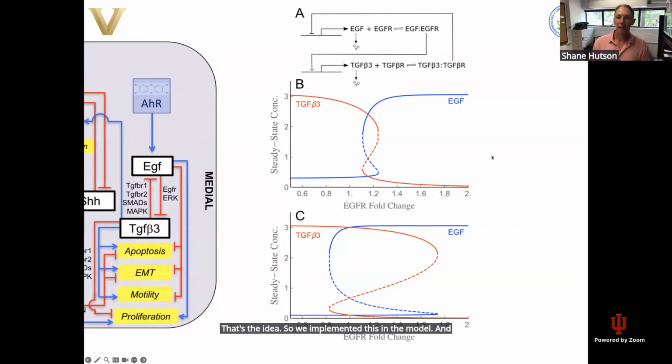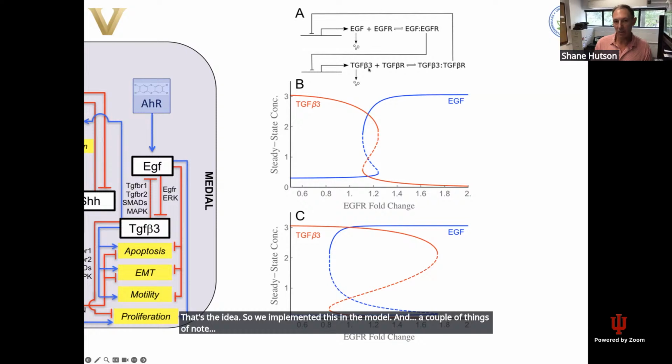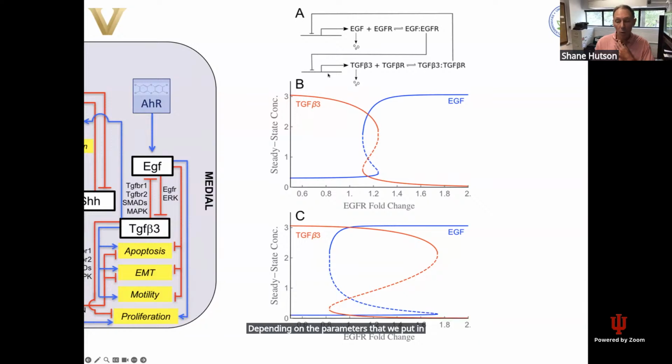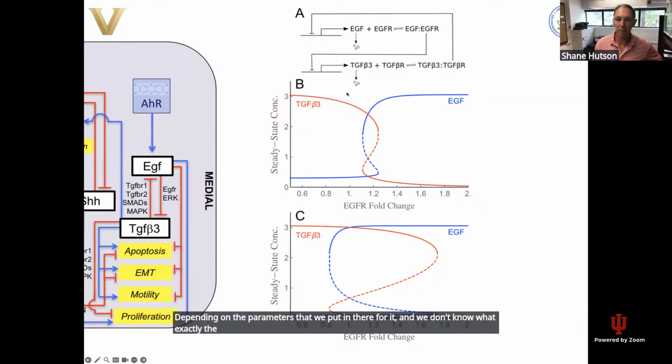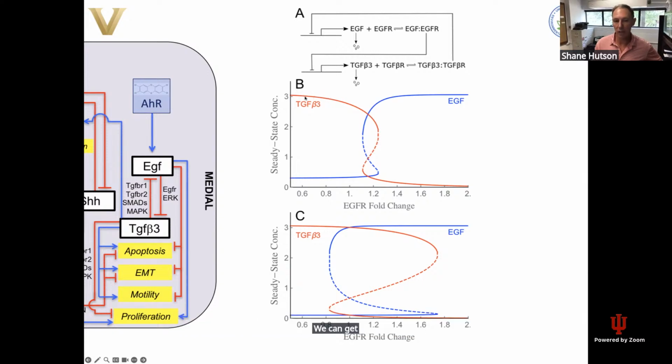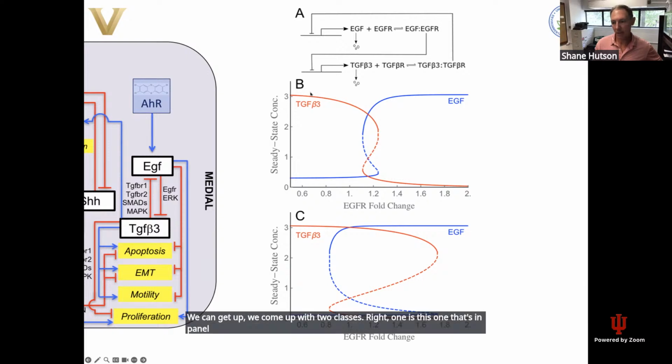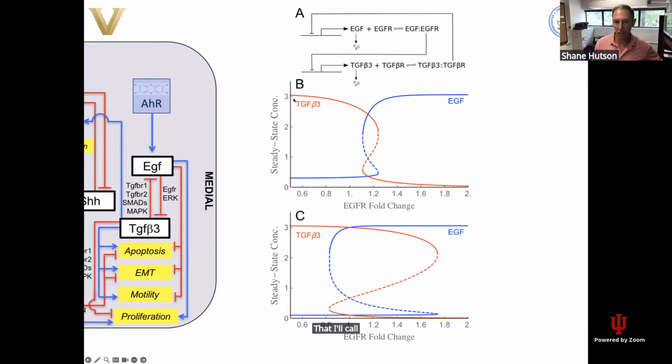And a couple of things of note when we think about this sort of mutual inhibitory switch that we're going to put in biochemically. Depending on the parameters that we put in there for it, and we don't know what exactly the parameters of it should be, we can come up with two classes, right? One is this one that's in panel B that I'll call a low hysteresis switch.